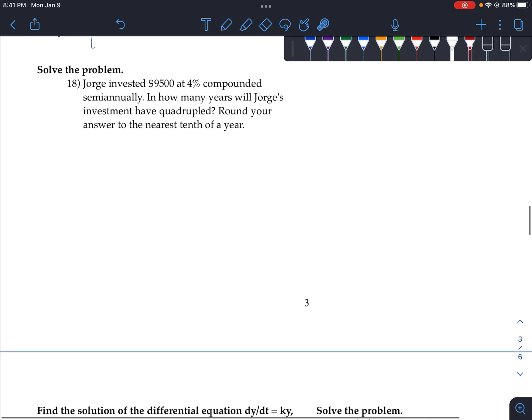All right. So it says Jorge invested $9,500 at 4% compounded semi-annually. In how many years will Jorge's investment have quadrupled? Round your answer to the nearest tenth.